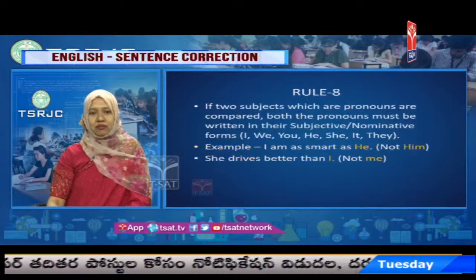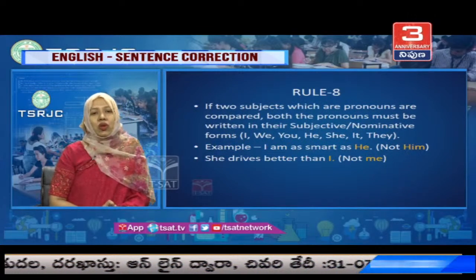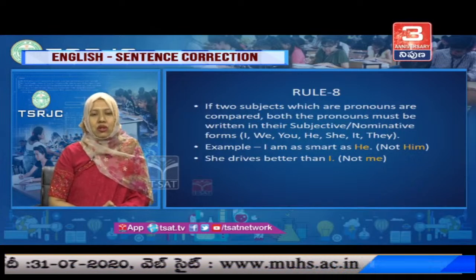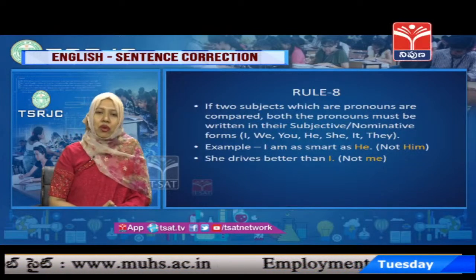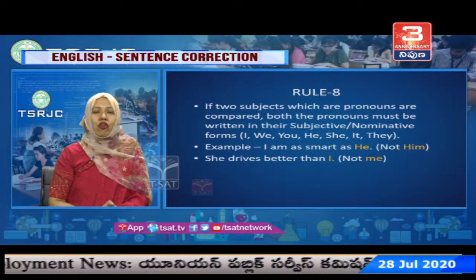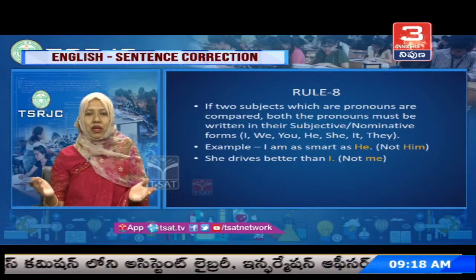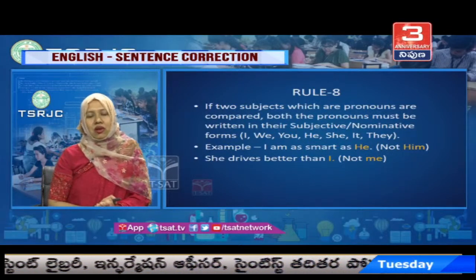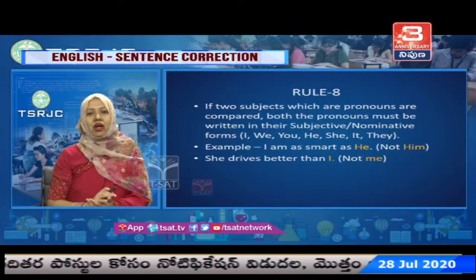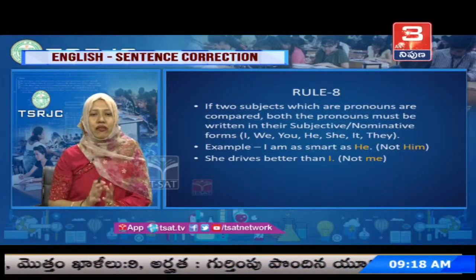I hope this is clear. Let's move to the next example. Next rule, rule 8. If two subjects which are pronouns are compared, both the pronouns must be written in their subjective or nominative forms. If two subjects, for example pronouns in the subject's place, are compared, there is a comparison, both the pronouns must be written in the nominative or subjective form.